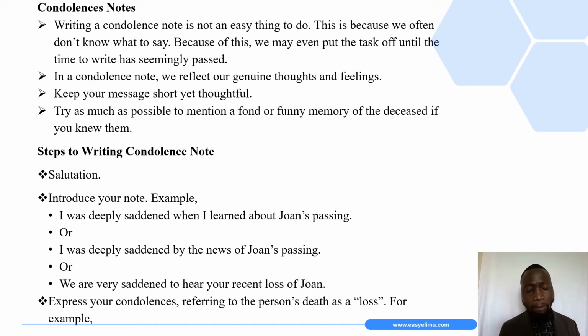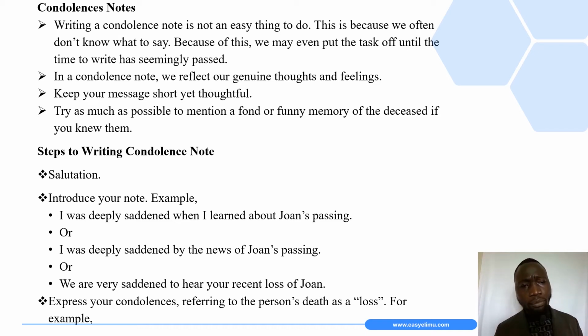So here are some steps that we can use to guide us to write a good condolence note. When writing a condolence note, remember it is a note and not a letter. So it is important to start with the salutation. That is, you have to indicate the name of the person you are condoling with.